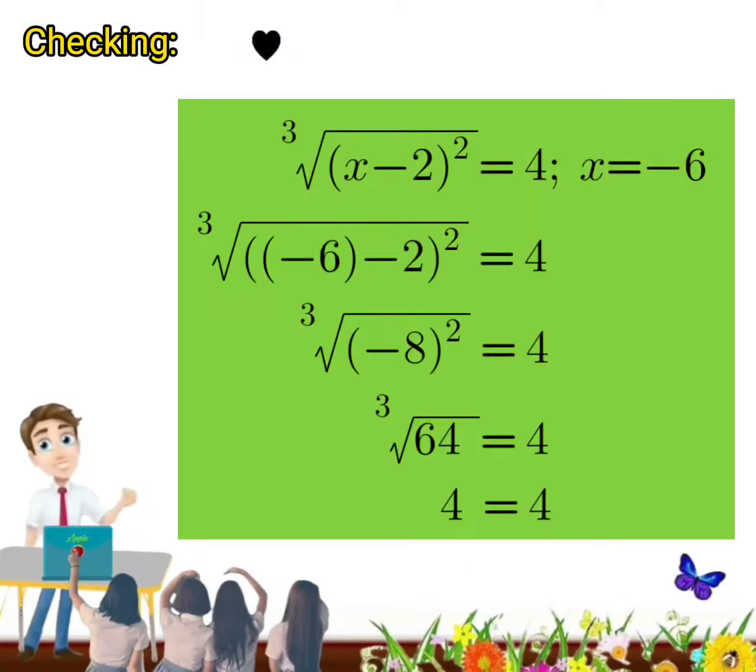So we are now at the checking of our problem, and our equation is the cube root of the quantity x minus 2 squared is equal to 4.